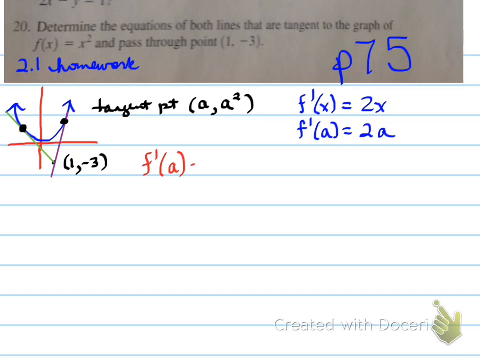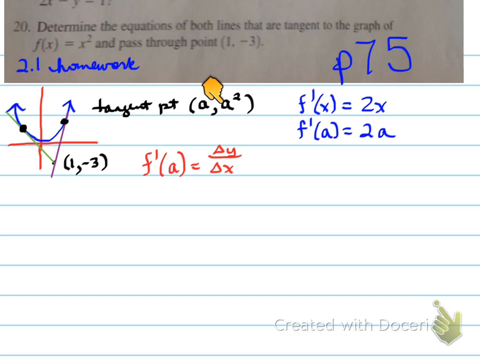Well, folks, f prime at a is equal to delta y over delta x. Because remember, f prime is the slope of the tangent. So the slope of the tangent, we have our 2 points. So we could find the slope using these 2 points here.